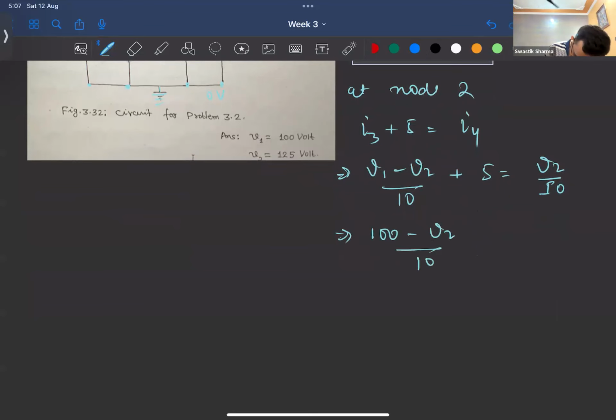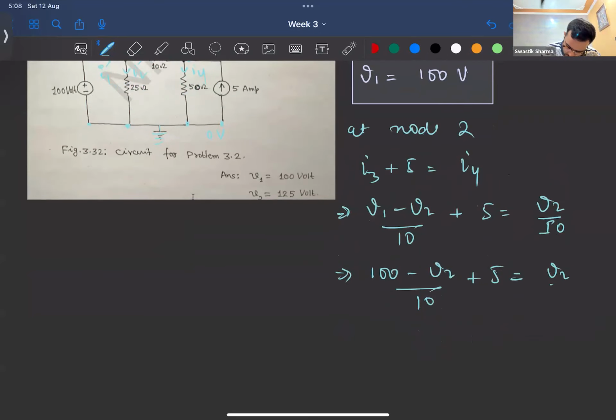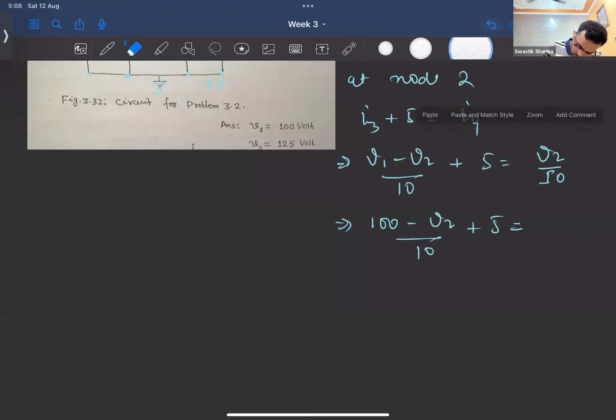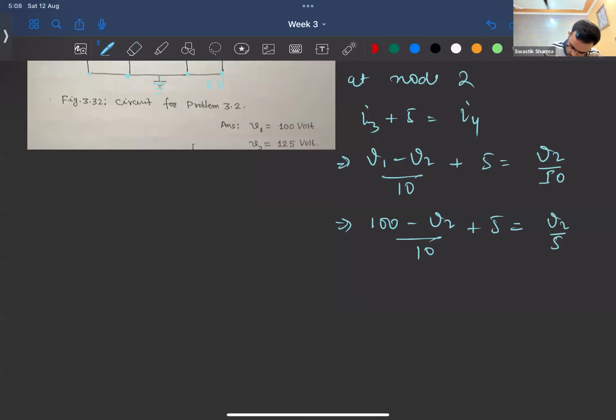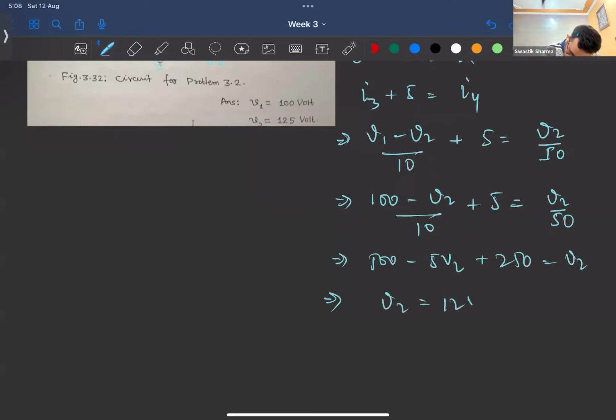So 100 minus V2 by 10 plus 5 equals V2 by 50. We can just simply solve it for V2. How much would it be? 500 minus 5V2 plus 250 equals V2. So this is nothing but 750 divided by 6. So V2 would come out to be 125 volt.